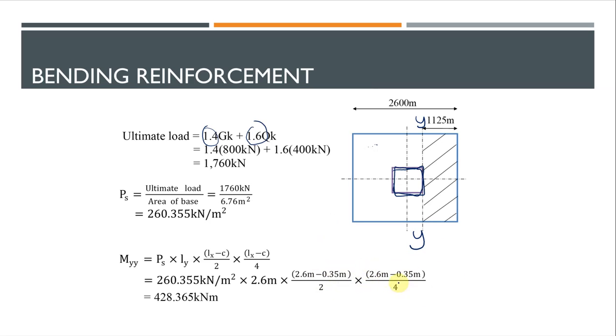Same goes kat sini pun sama. So 0.35, this is column width. Okay, so the one yang illustrated here is 1125 ni apa. Okay, so 1125 ni is actually the one yang I kira lah, I letak lah kat situ.